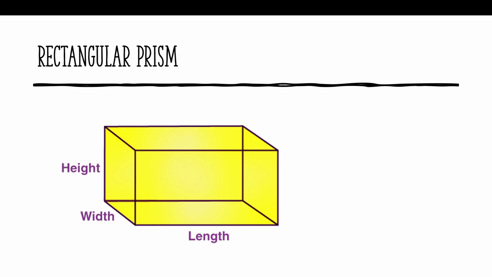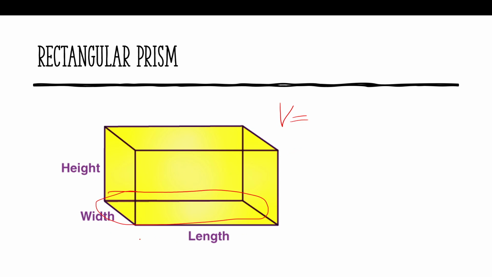Now, simulan natin dun sa basic or the most basic na figure na ating pinag-aaralan simula pa nung grade 4, which is the rectangular prism. So, sa rectangular prism, meron tayong tatlong dimension, which is the width, the length, and the height. So, pag tinignan natin, pagbabasihan natin yung ating generic formula na volume is equal to the area of the base.